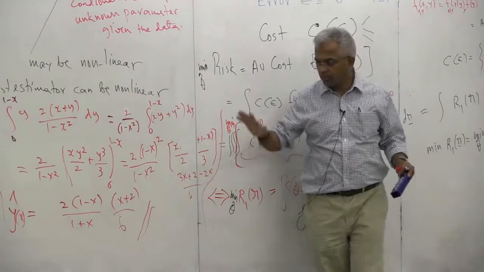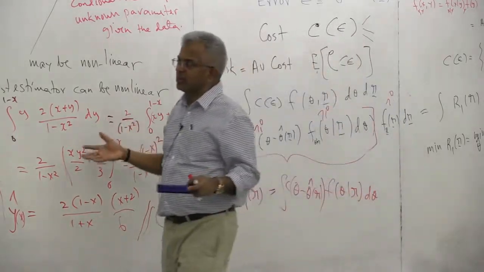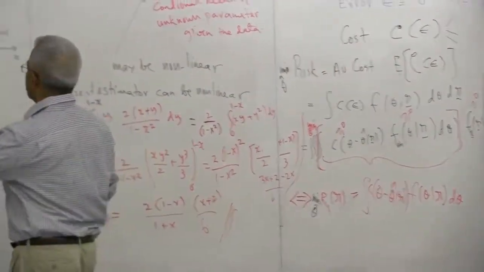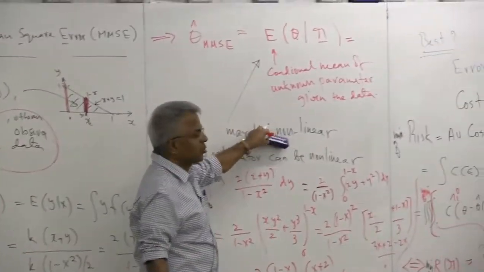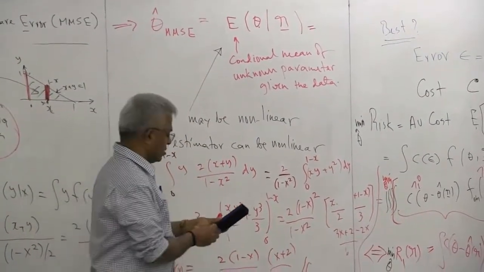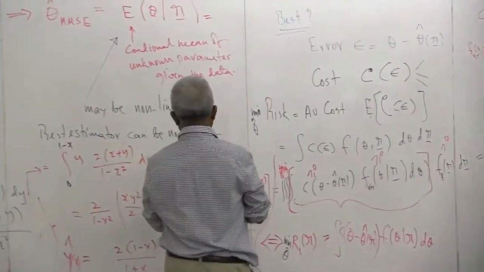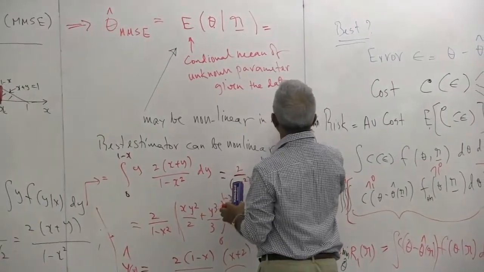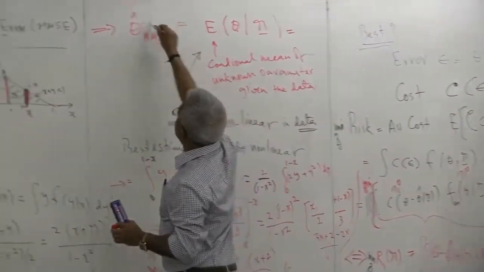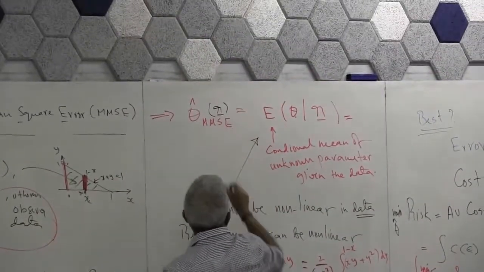A classic problem. So here is a simple example, and even if it is simple, it makes the point, just because the estimators, as I said, may turn out to be nonlinear. Nonlinear in what? Nonlinear in, of course, your observations. Nonlinear in your data, right? Because remember, the estimator is a function of data.